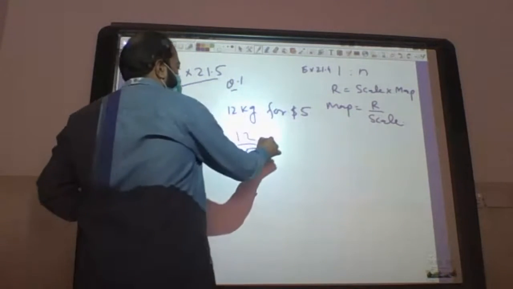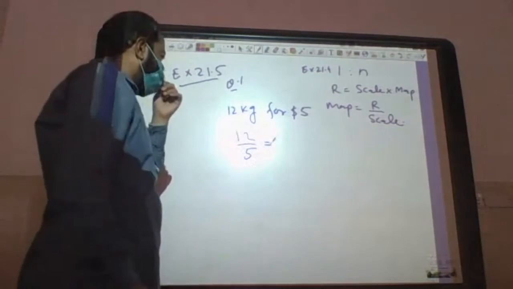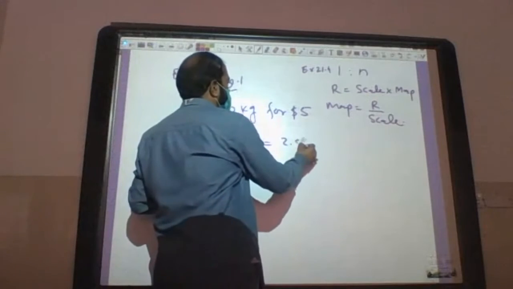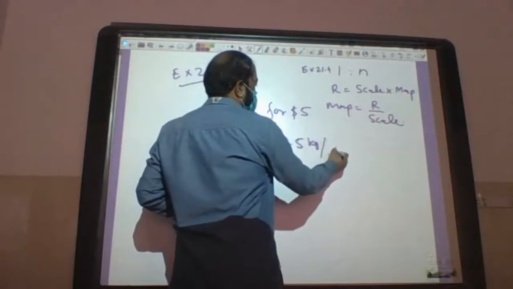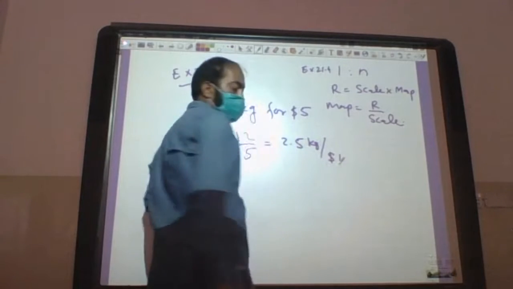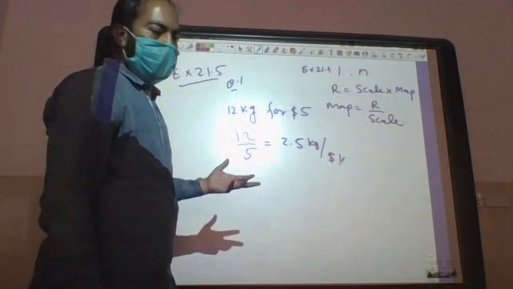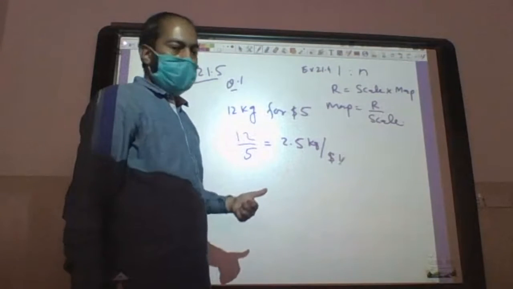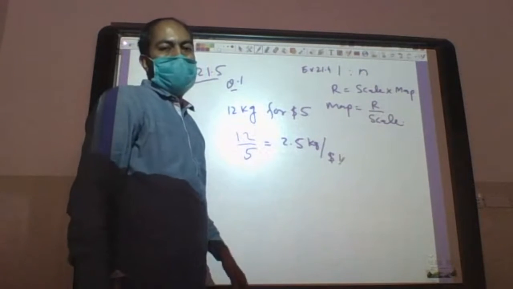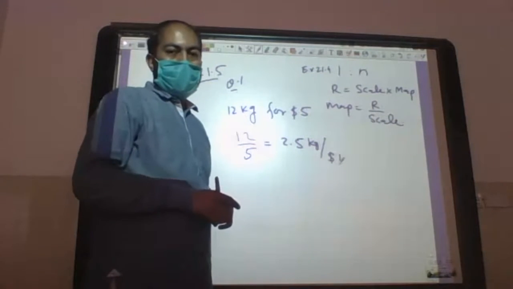You can simply solve it. We have to find the rate per $1. 12 kg for $5. In $1, how much can we take?